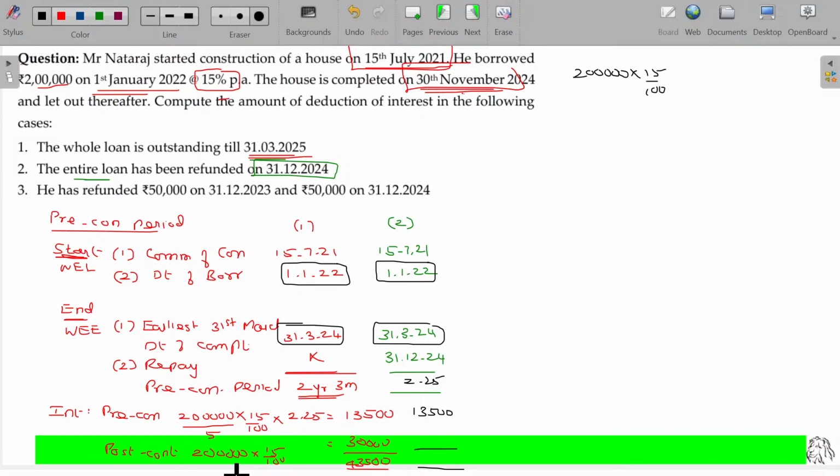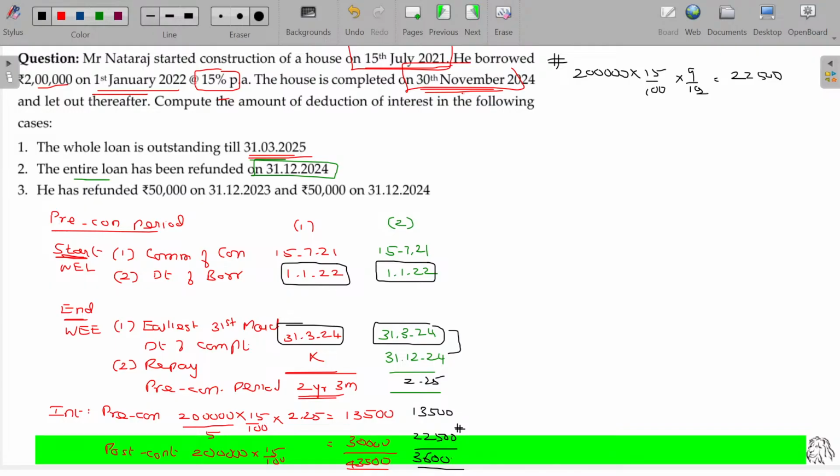It is paid in the current previous year itself, so you have to calculate the interest for 9 months. Come on. 22,500. The amount deductible in this case being 36,000.